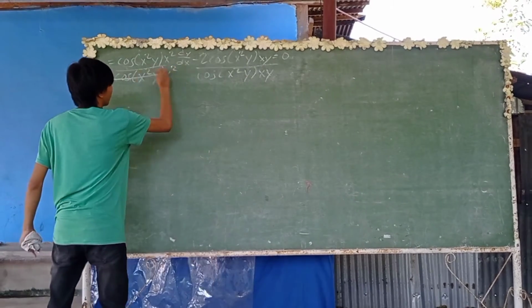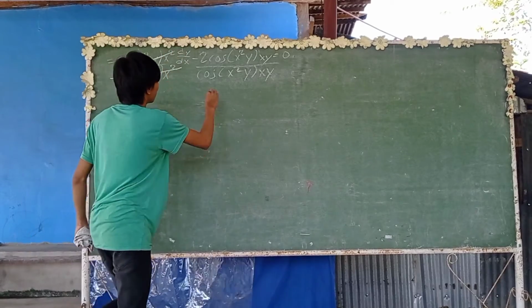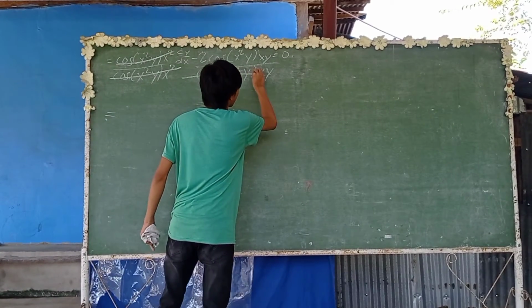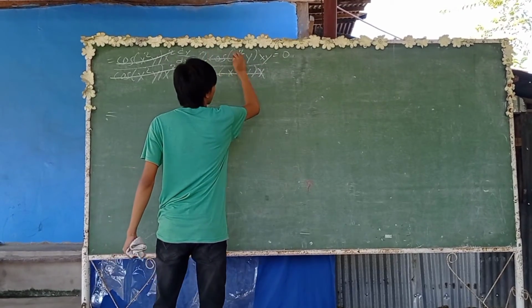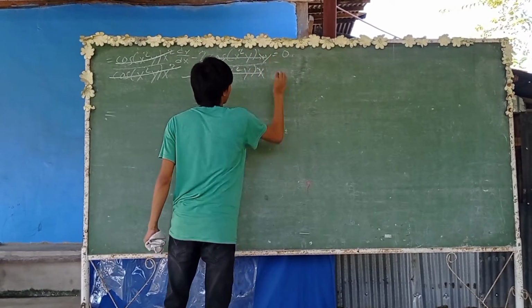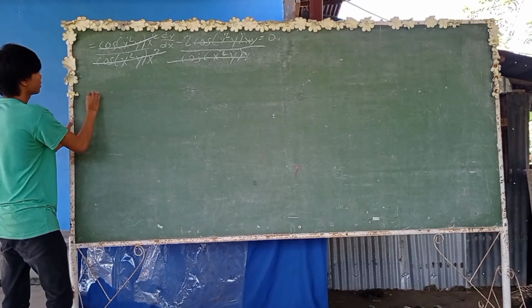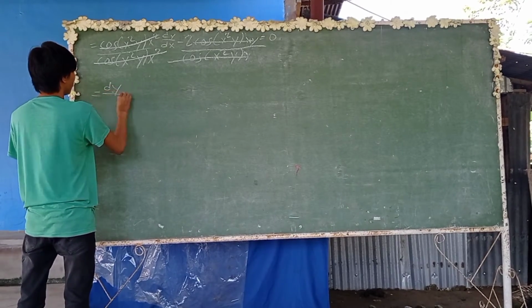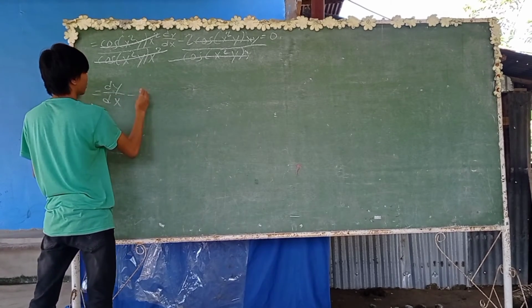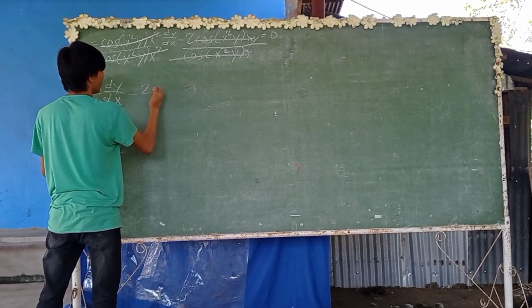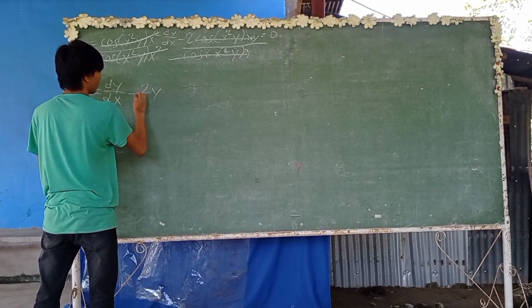So cancel out. The answer is dy over dx equals negative 2y over x.